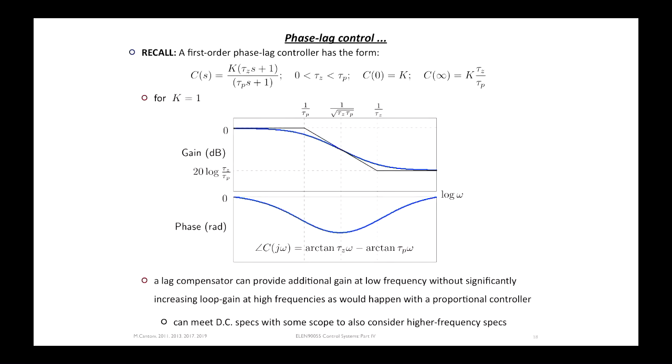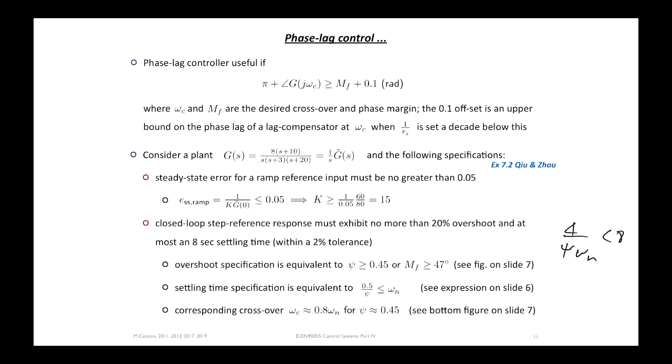We've got a parameter K here, which allows us to increase the gain at zero frequency in order to achieve desired steady state error specifications for step and ramp type inputs to the closed loop system. The transient specifications relate to crossover, and we can translate time domain specifications into specifications on the crossover frequency and desired phase margin by thinking of the complementary sensitivity function as having the characteristics of a canonical second order system.